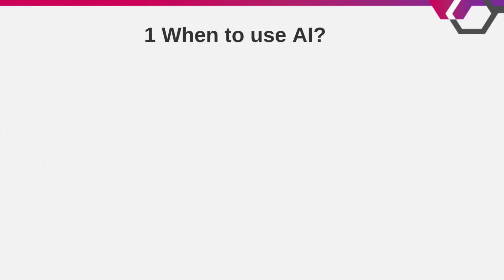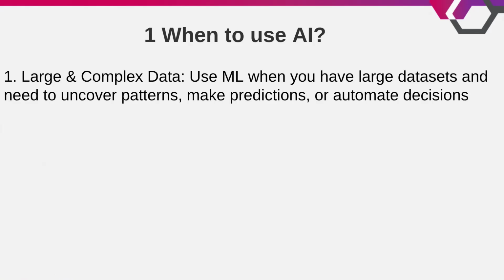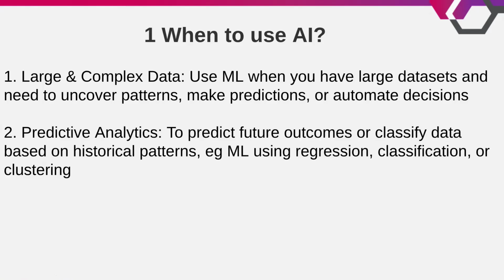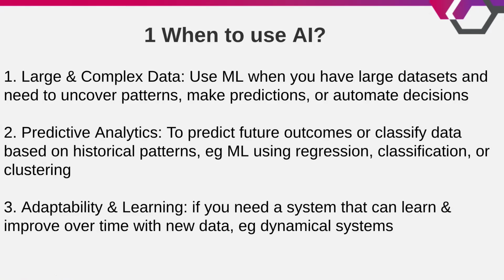So the question then is when to use AI. If you have large, high-dimensional, complex data, machine learning and similar approaches can be effective where you want to infer complex patterns, make predictions, or automate decisions. There can be a strong predictive approach for predicting continuous or discrete data using AI-based tools, depending on what you're trying to do, especially if there's copious time series or historical data.